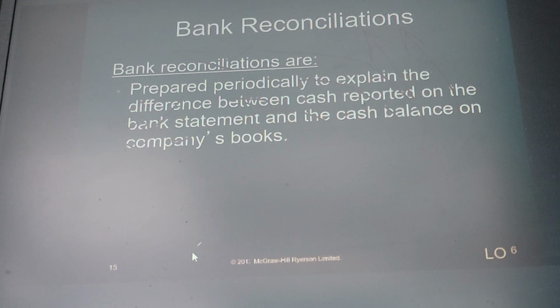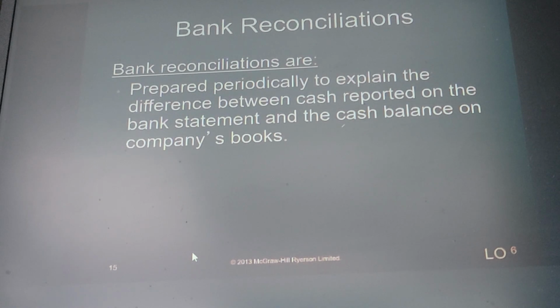Did it go already from the bank? No, it did not. So this shows a difference. That's one simple reason, for example, why there might be a difference between the bank statement and the cash or the book statement, the balances.